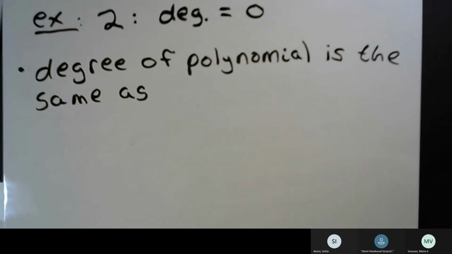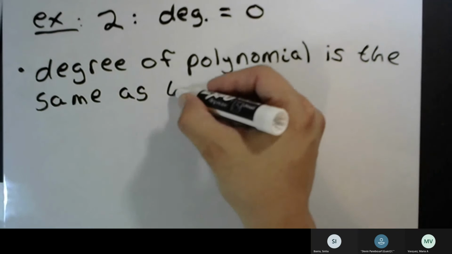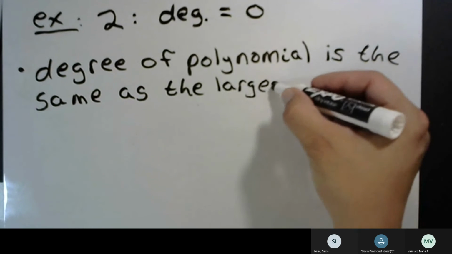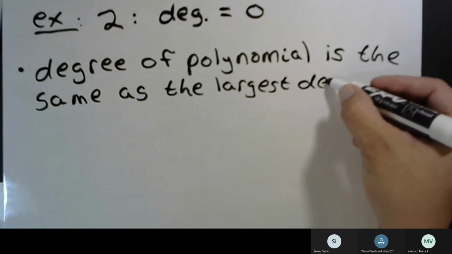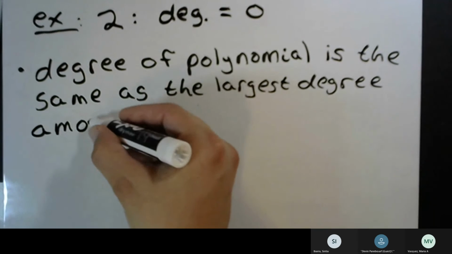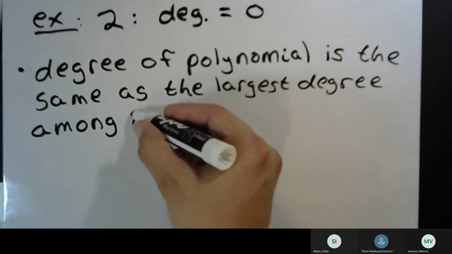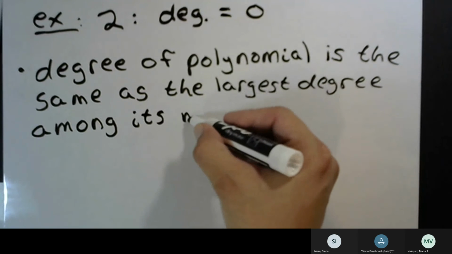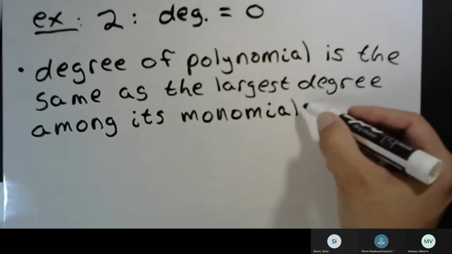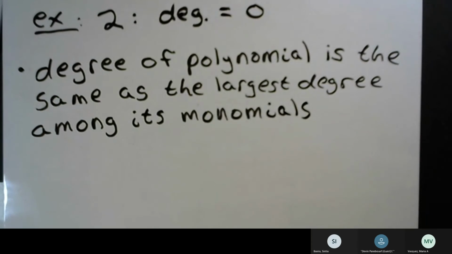The degree of a polynomial is the same as the largest degree among its monomials.